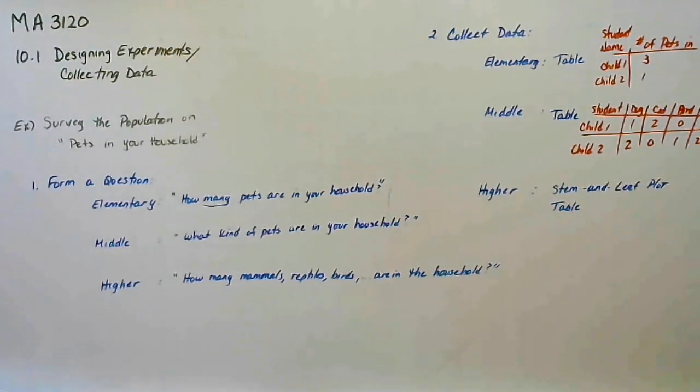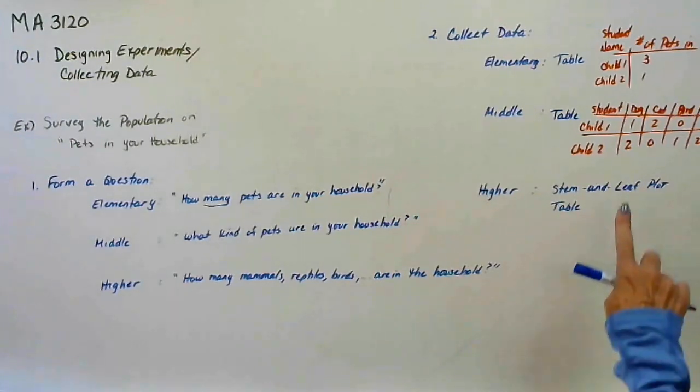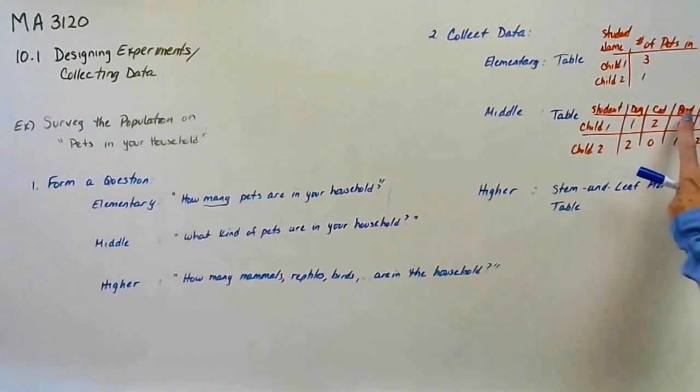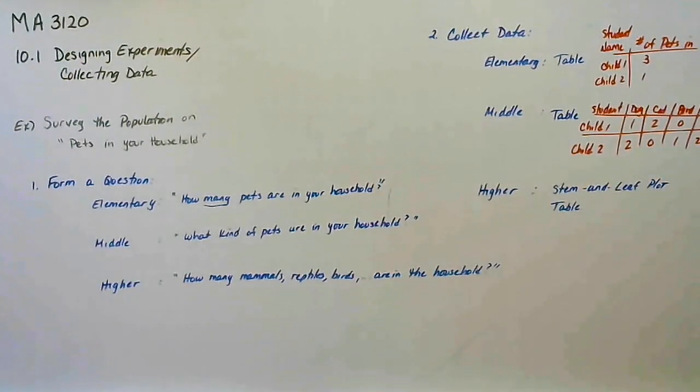There's a lot of things that we're going to look at. So we've elevated because they're asking a little bit more detailed information, but you could still do a table of values: mammals, reptiles, birds, etc.